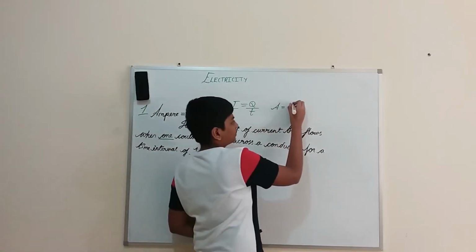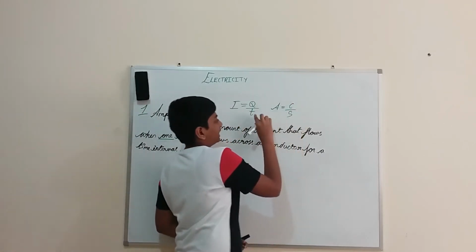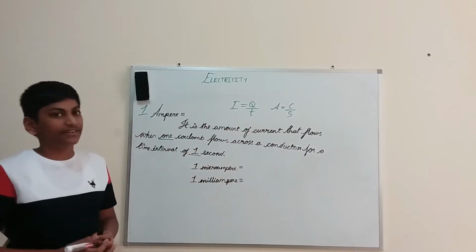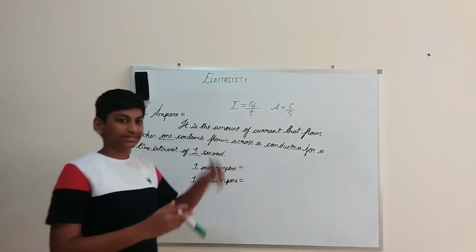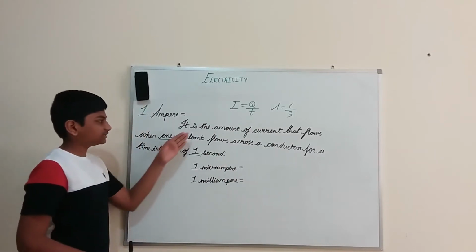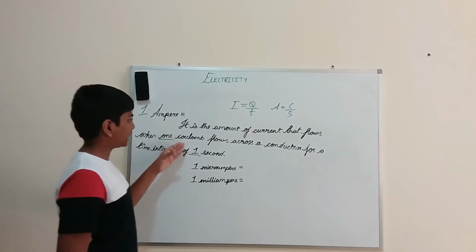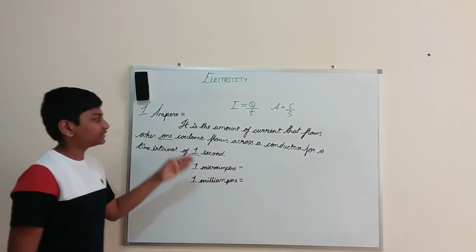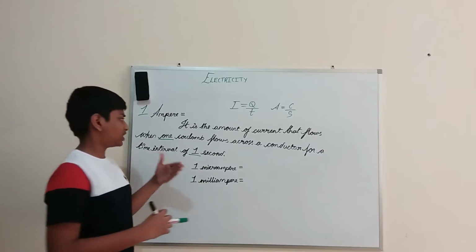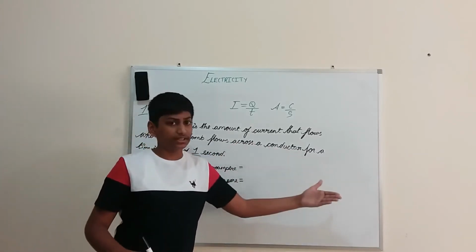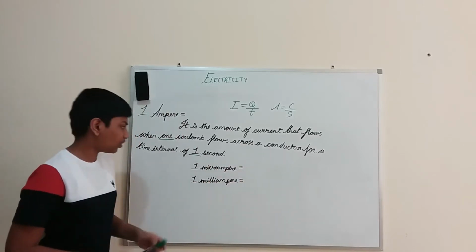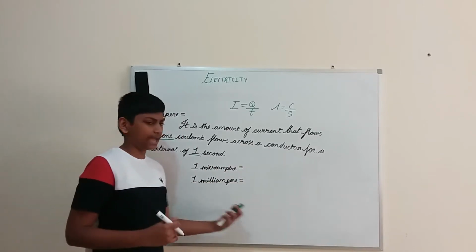So ampere is equal to coulomb by second. This is the statement for an ampere: the amount of current that flows when 1 coulomb of charge flows across a conductor for a time interval of 1 second.